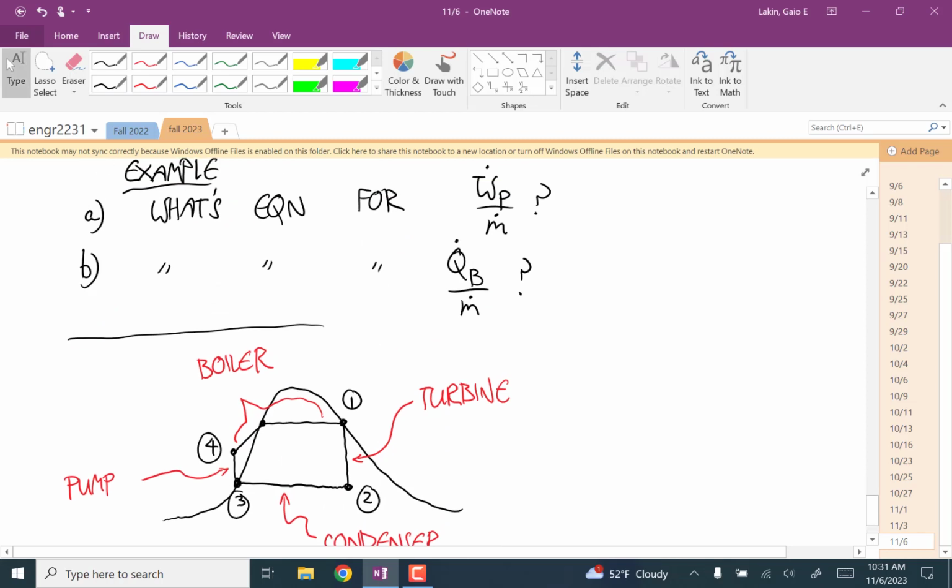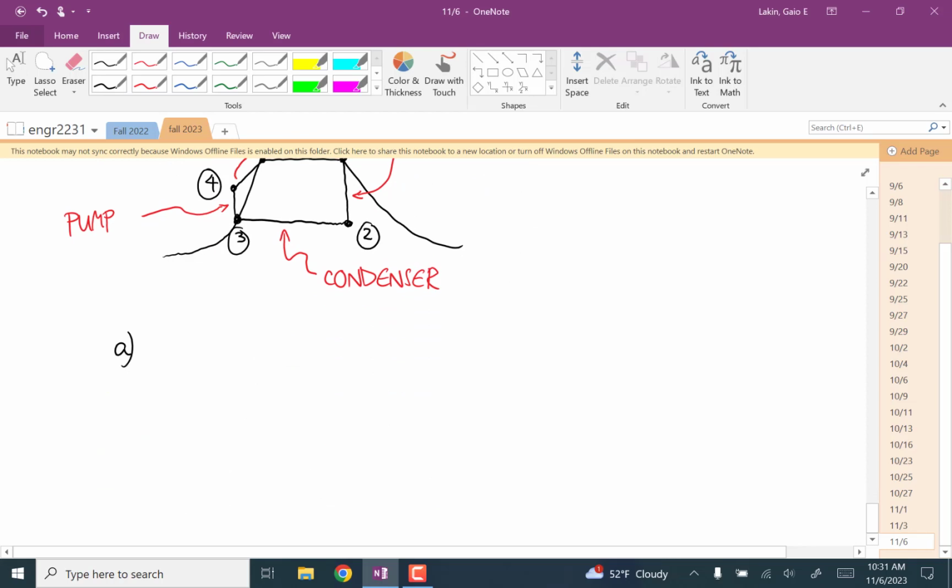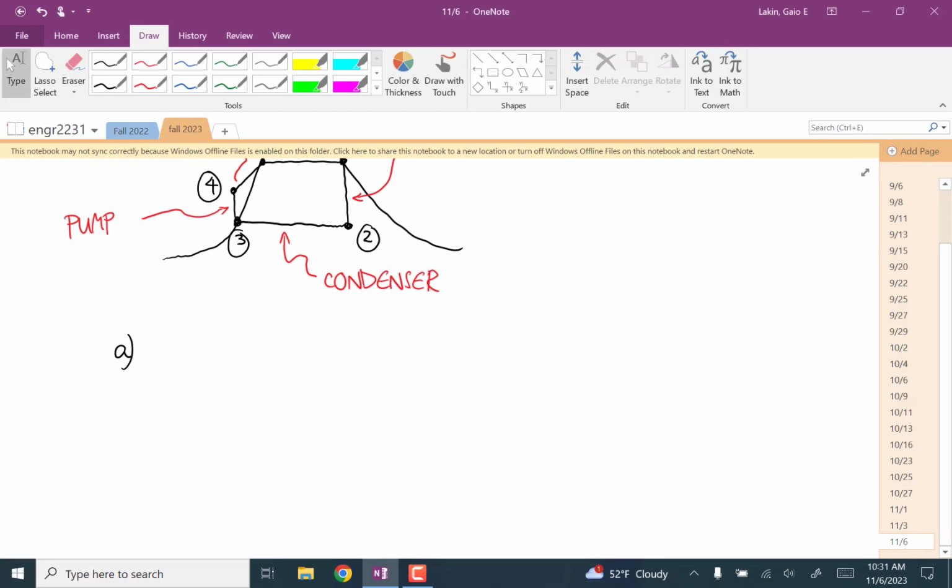The first one we're trying to figure out is the expression for W dot over M dot at the pump. So we have that 0 is equal to Q dot minus W dot for the control volume plus M dot times HI minus HE.